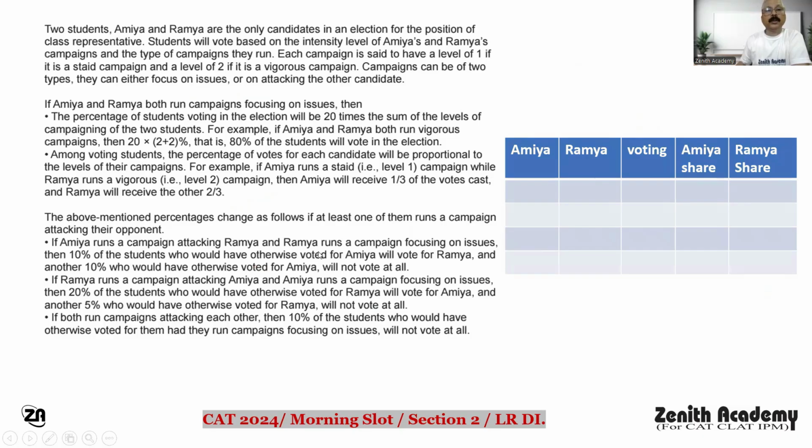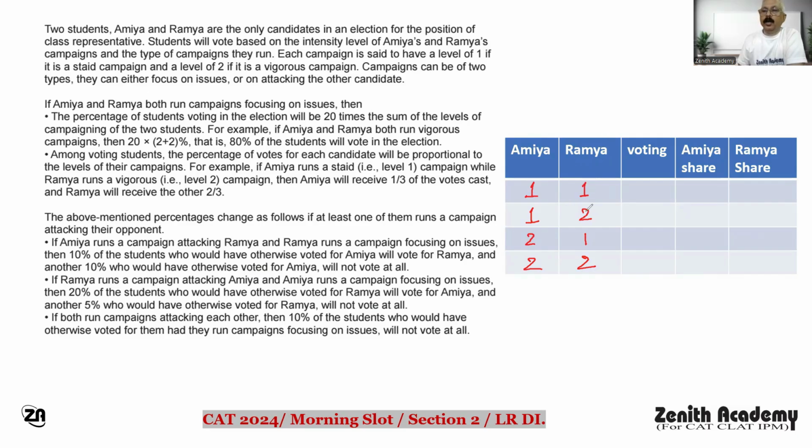Suppose Amya is running level 1 and Ramya is also running a level 1 campaign. Or Amya is level 1 and Ramya is level 2. Or Amya is running type 2 and Ramya type 1, or type 2 and type 2. These are the four possibilities of campaigns run by Amya and Ramya respectively.